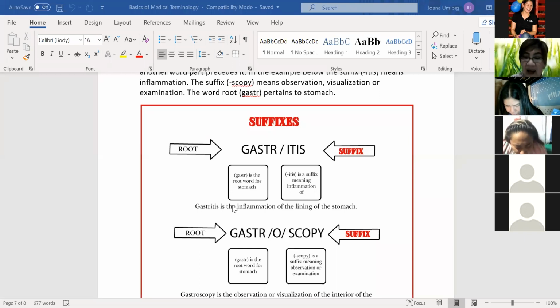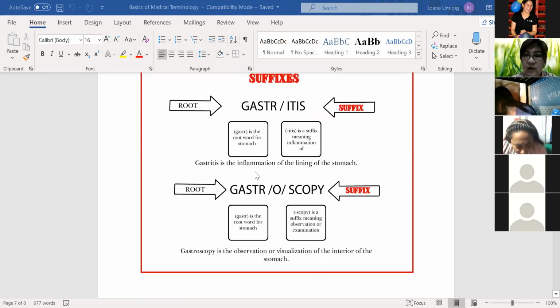As for gastroscopy, the word root here is gastro, and there is a combining vowel in the middle, plus the suffix, so it is called gastroscopy. It is the observation and or visualization of the interiors of the stomach.